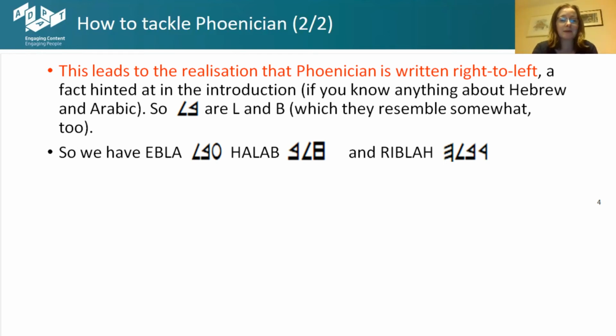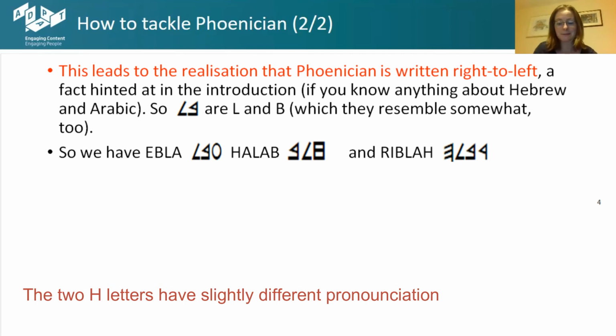If you knew anything about Hebrew or Arabic, you might think, hang on, maybe this language isn't left to right, but right to left. That brings us to the conclusion that L and this little Gulf flag are actually L and B. The L obviously resembles L, so maybe that's an extra hint. So that's actually L and B and not B and L. That gives us Ebla, Halab, and Ribla with the Phoenician words beside them.